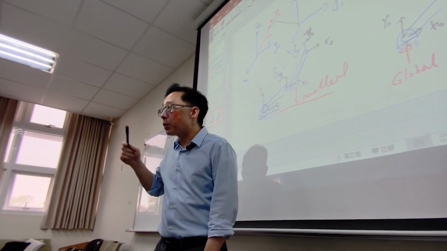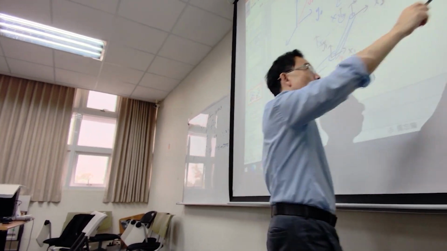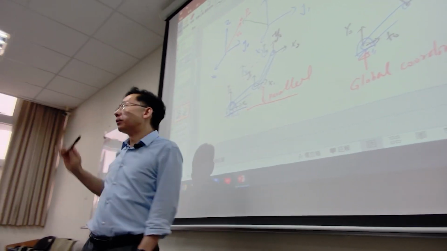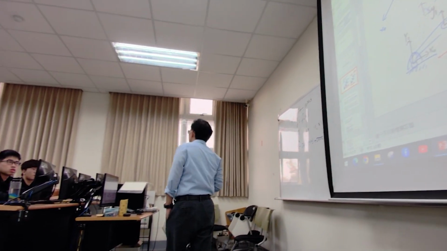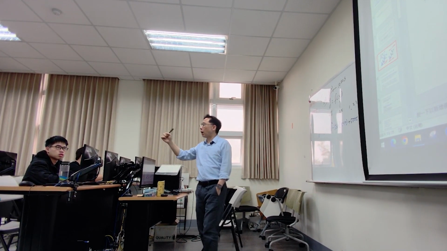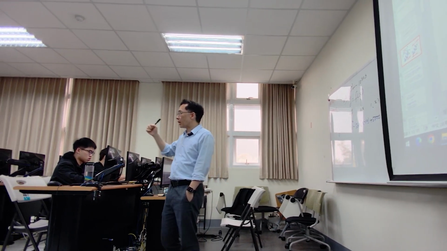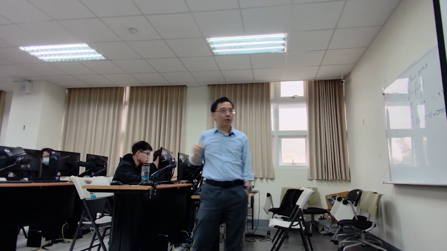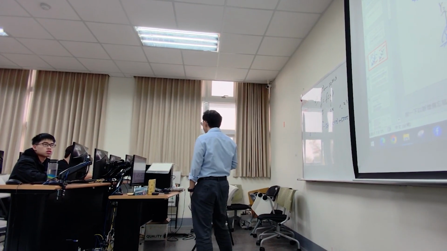But before we do that, we can use the reference coordinate to do a lot of stuff. Like we can rotate locally. If your joint is prismatic, it can stretch out and stretch back, and you can do a lot of stuff. And it will be easier.